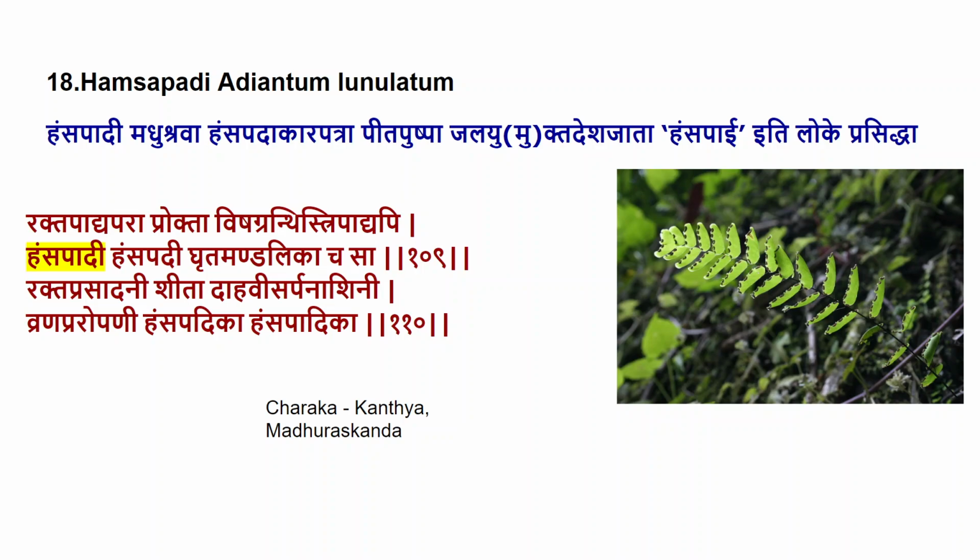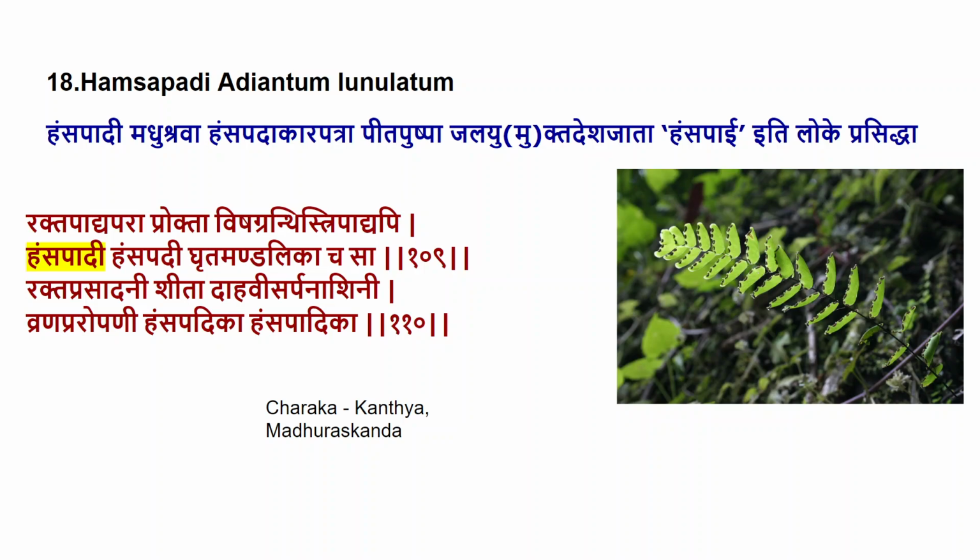Adiantum lunulatum, which is now growing around easily. It's available now this season, now in the rainy season. Hamsapadi, Madhushrava, Hamsapadakara Patra, Pita Pushpa, or Jala Dhukta Deshajata, Hamsapadi is loke prasiddha. It's seen in plenty in rainy season as such. पर्यायपदात् रक्तपादी अपराप्रोक्ता विषग्रन्थिः त्रिपाद्यपि हंसपादी हंसपदी घृतमण्डलिका च सा.